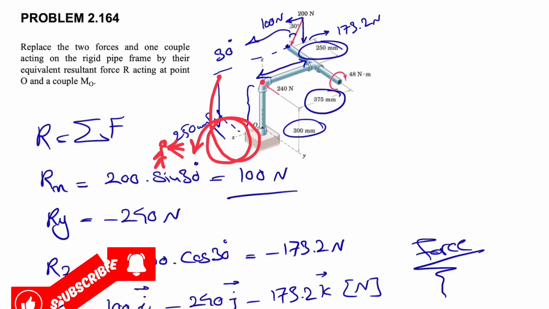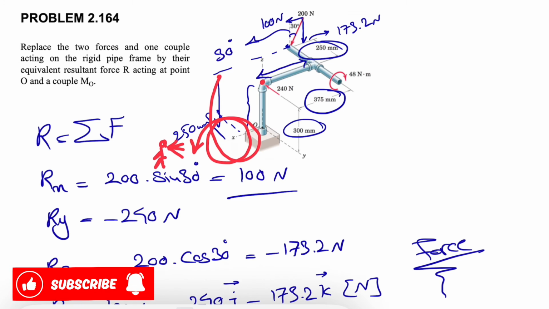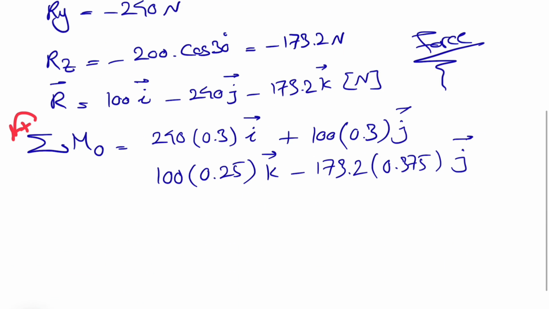Let's see what the direction of the moment would be. We have the force in this direction for x. Again, we have our little guy looking at the x-axis, and we'll see that this moment is also counterclockwise, which is positive.